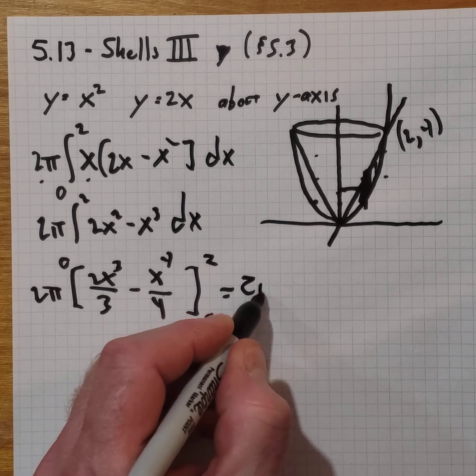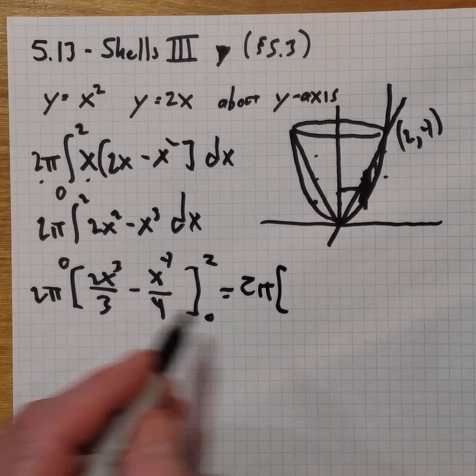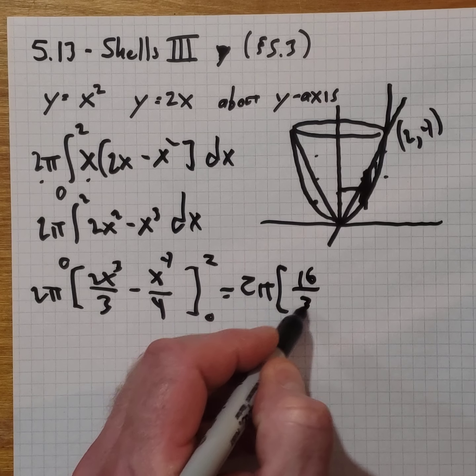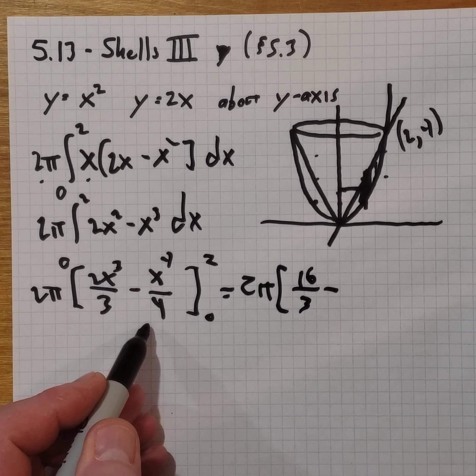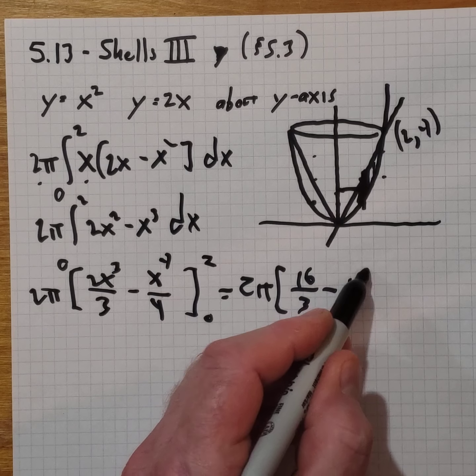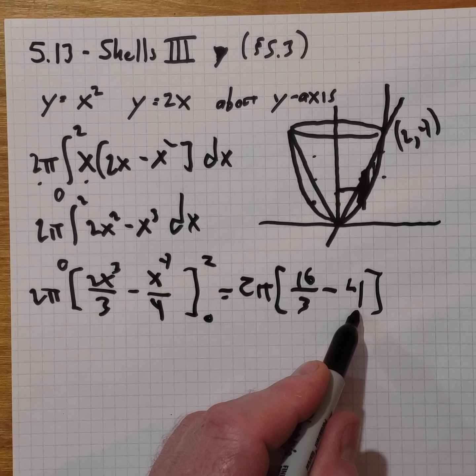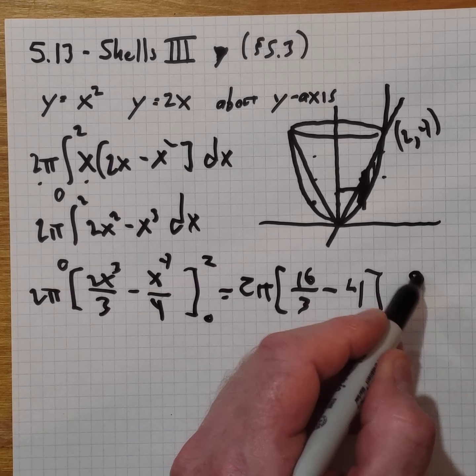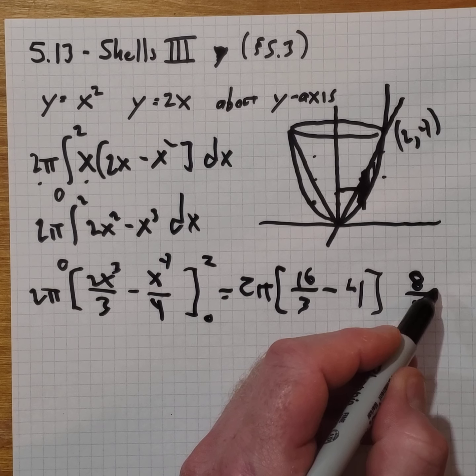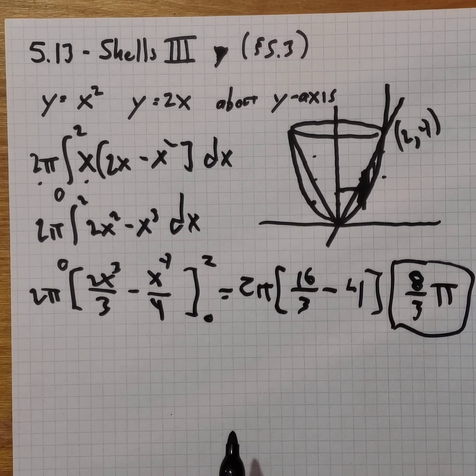When we plug in the 2, we get 16 over 3, minus 16 over 4, which is just 4. Well, 4 written over 3 would be 12 over 3, so that's going to be 4 over 3. So it simplifies to 8/3 pi.